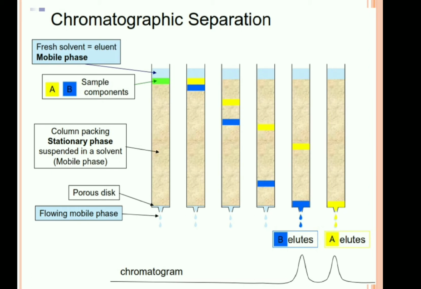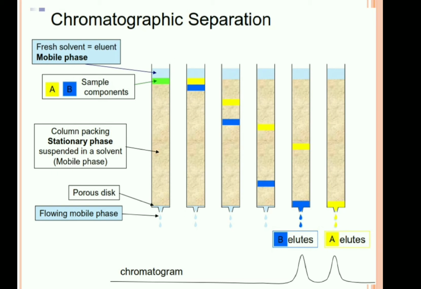That's why we see it after the blue one, because the blue one has more affinity towards the mobile phase, so the blue one elutes first and then the yellow one elutes. See here in the last two columns, the blue one has more interaction towards the solvent phase, the carrier, which allows the sample to pass through the column.